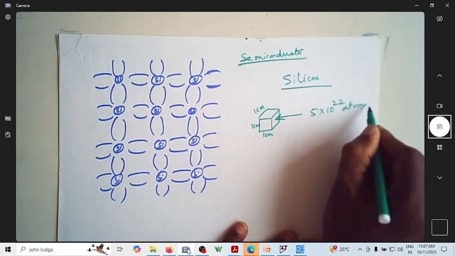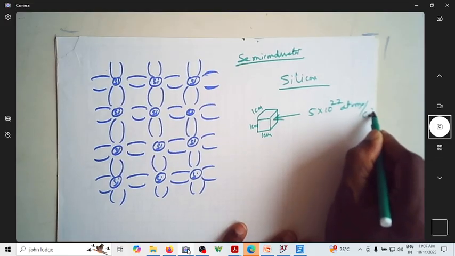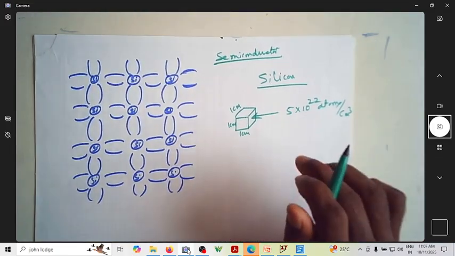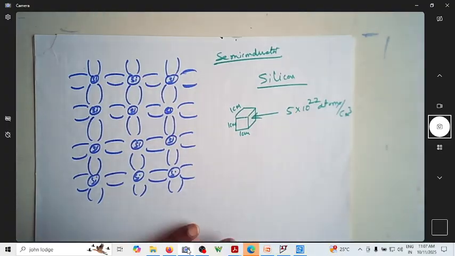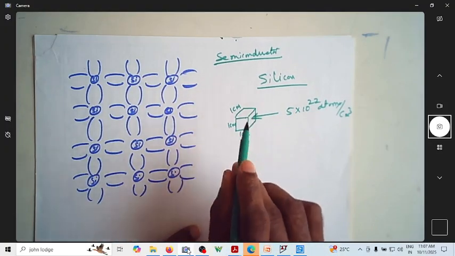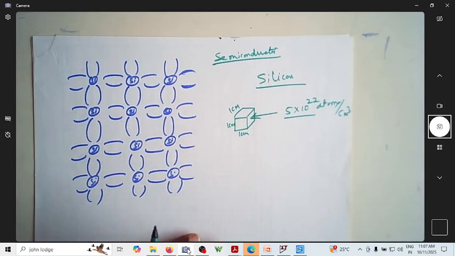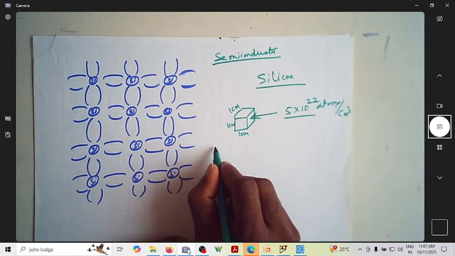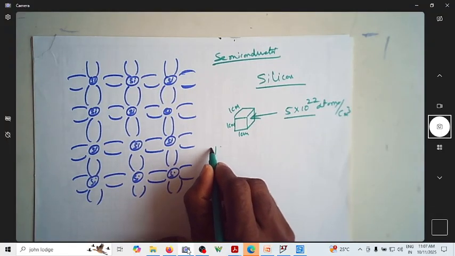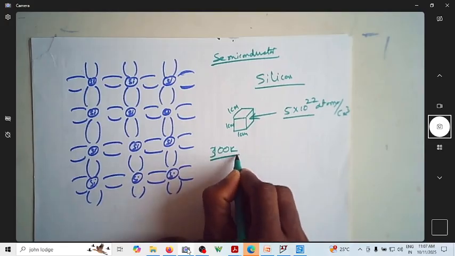So in a silicon material, we have these many silicon atoms per cubic centimeter, at a temperature of 300 Kelvin.